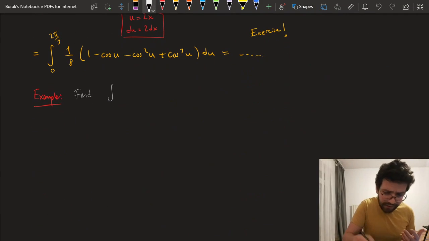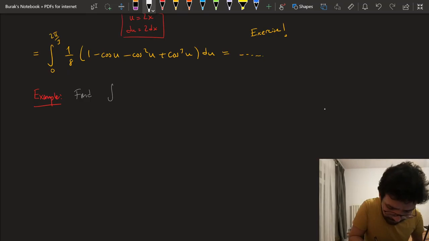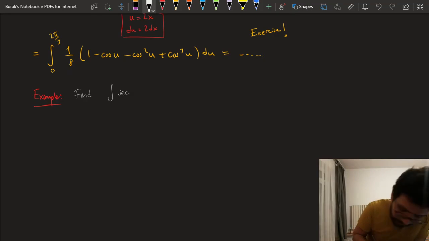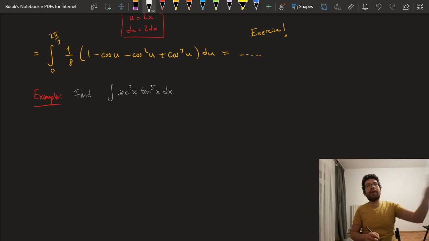Anyway, let's find the indefinite integral of secant to the power 3 tangent to the power 5. Now, if you see a trigonometric integral of the form secant to some power times tangent to some power, then it is very likely that the substitution method will help you. Why? Because the derivative of tangent is secant squared, and the derivative of secant is secant tangent.